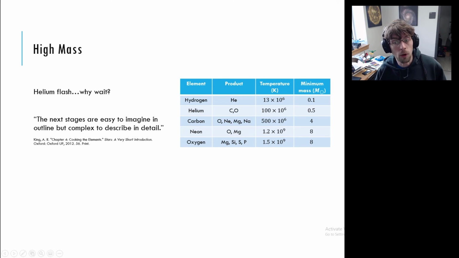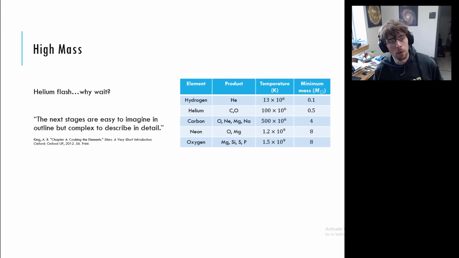Okay? If they're over 8 solar masses, then once the carbon runs out, they can compress and actually start fusing neon. Or if they're over 8 solar masses, they might be able to fuse oxygen. So how massive they are will dictate at what point they will stop fusing.